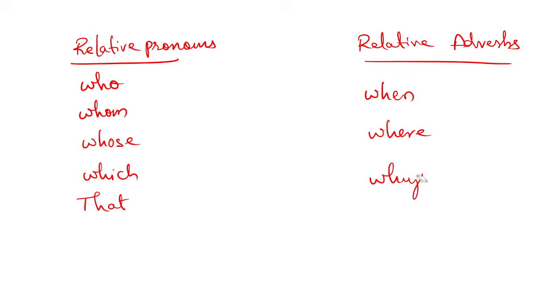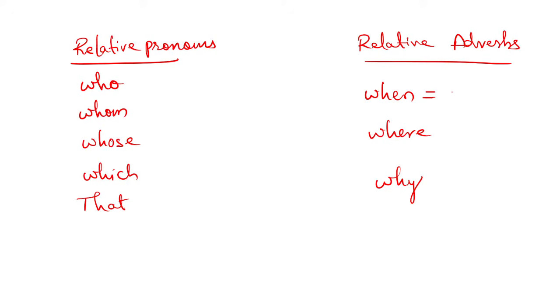Basically in English we use these words for questions, right? All these are WH words. Who are you, whom are you speaking to, whose book is this, which table is this, which class is today, when are you coming, where are you going, why are you doing this. These are all questions. Remember, WH words other than questions are also relative words. We call them relative pronouns and also relative adverbs.